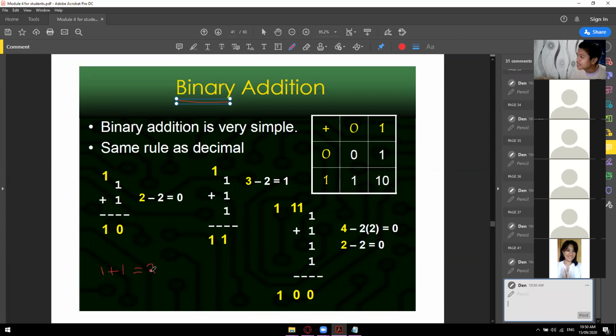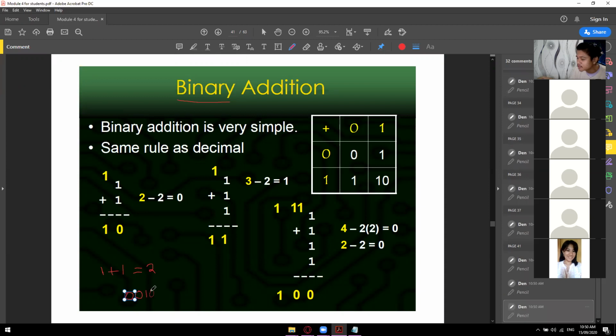Ano ba ang binary ng 2? It is 0, 0, 1, 0. So, kung tatanggalin yung dalawang 0, ang makukuha natin is 10. So, that is why 1 plus 1 is 10, or 1, 0.